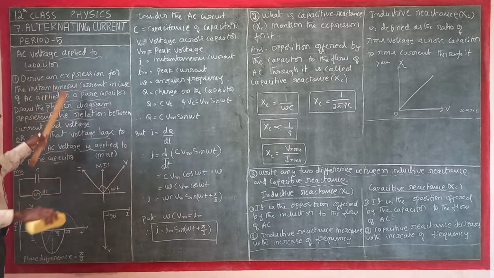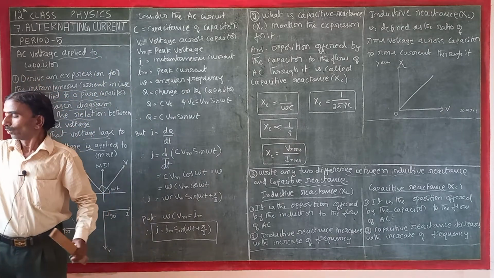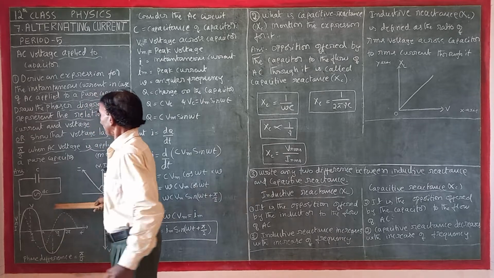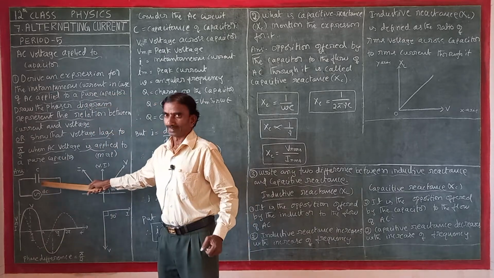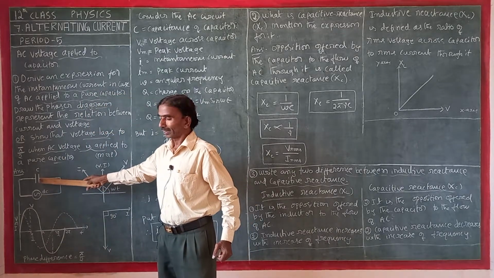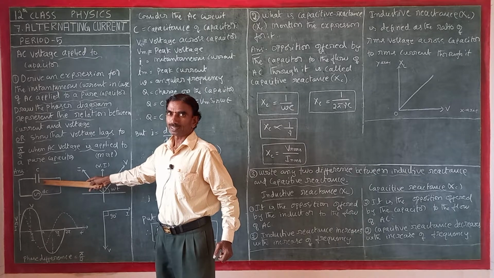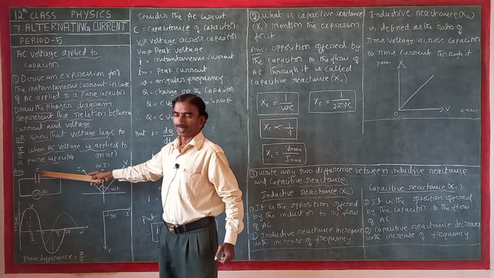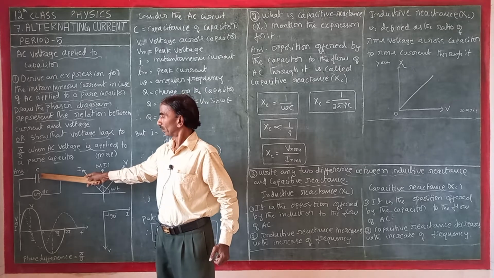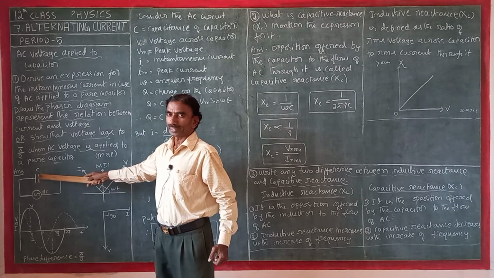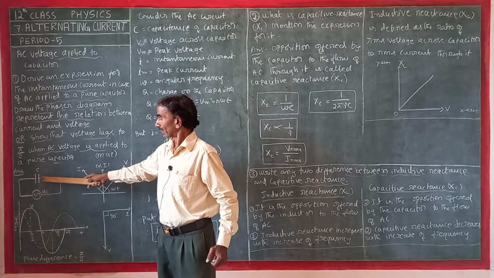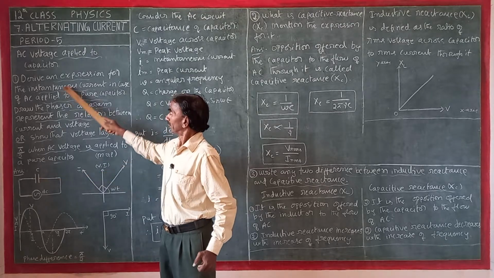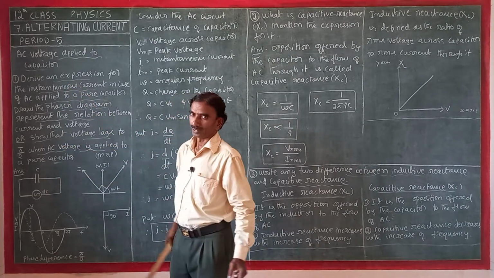Now we are studying the voltage applied to a capacitor, AC voltage applied. If a resistor comes, then voltage applied to a resistor. If the inductor or coil comes, then voltage applied to an inductor. If the capacitor C comes, then voltage applied to a capacitor.